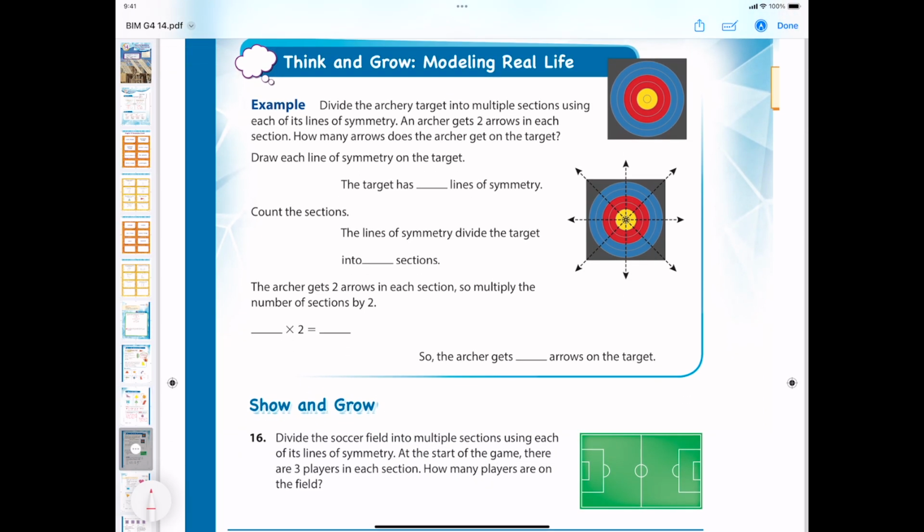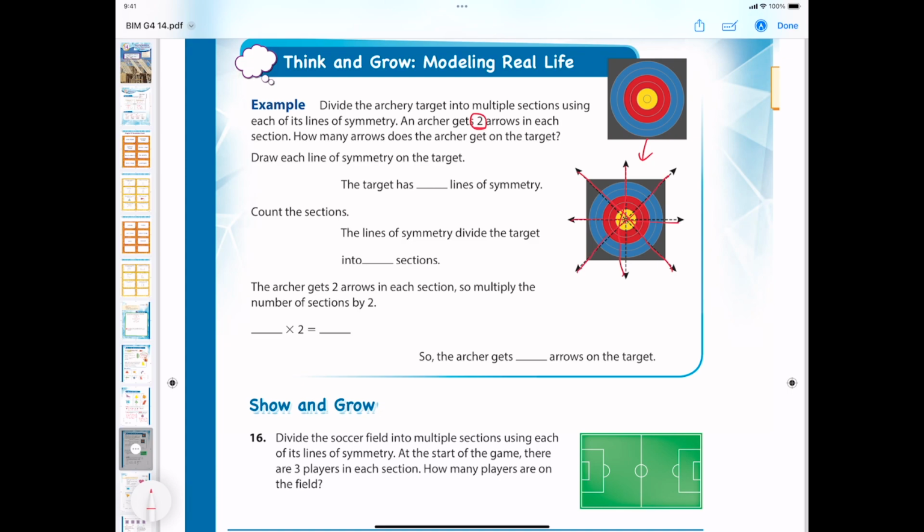Last page, guys. Example, divide the archery target into multiple sections using each of its lines of symmetry. An archer gets 2 arrows in each section. How many arrows does the archer get on the target? Draw each line of symmetry on the target. So they drew this one in here. How many lines of symmetry? 1, 2, 3, 4.